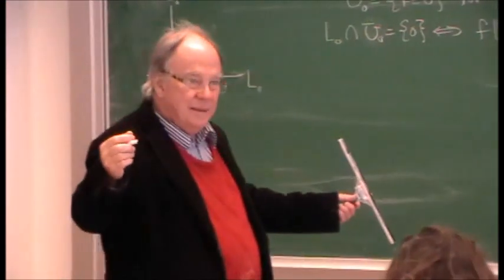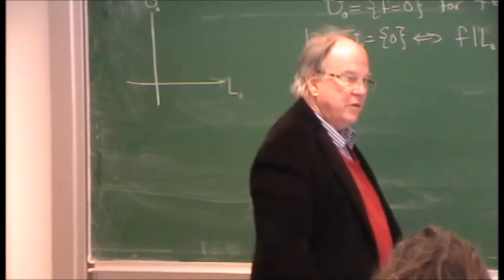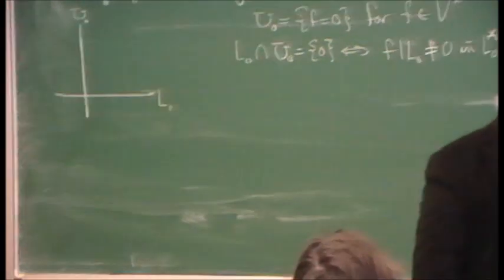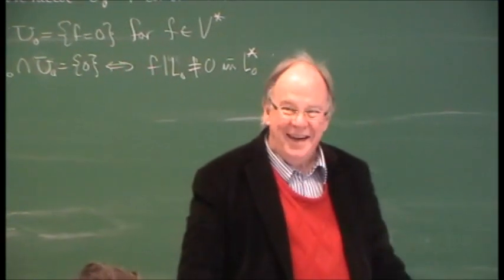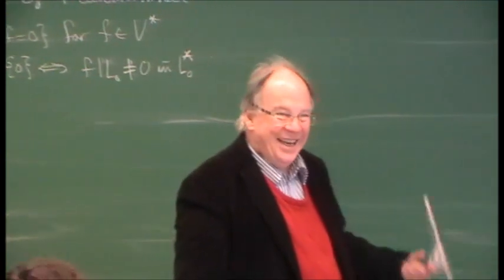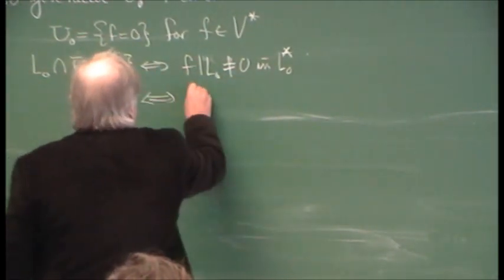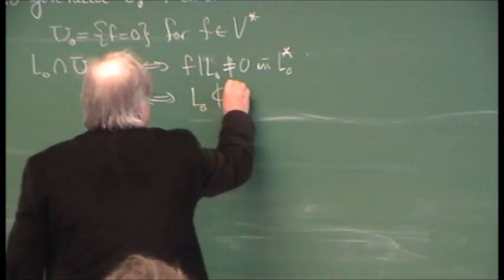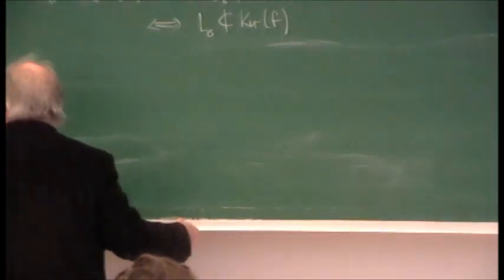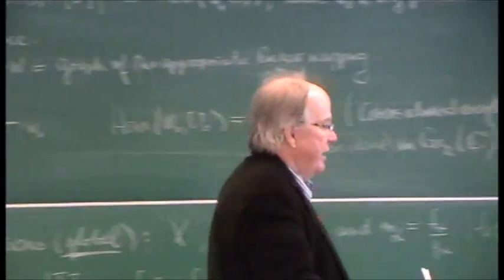It's the statement that when you restrict it, it's not 0 in the dual space. There's a restriction mapping from functionals onto linear subspaces, and if you're unlucky, this restriction mapping has a kernel. This means that if and only if L0 is not contained in the kernel of this restriction mapping. So this simplifies things somewhat dramatically.